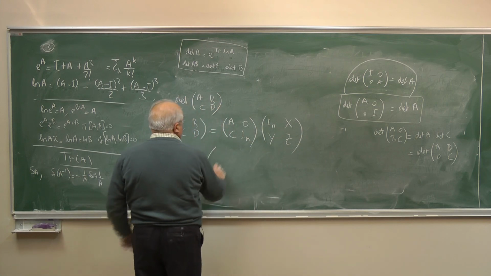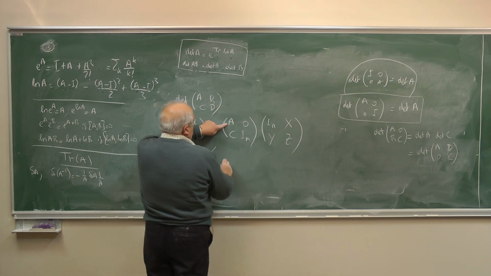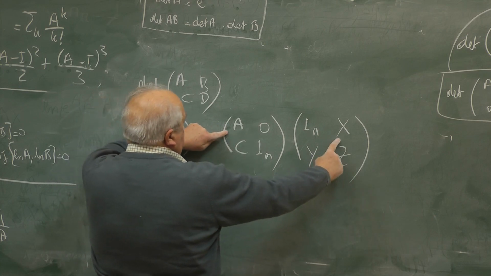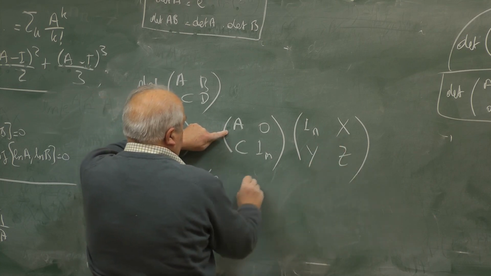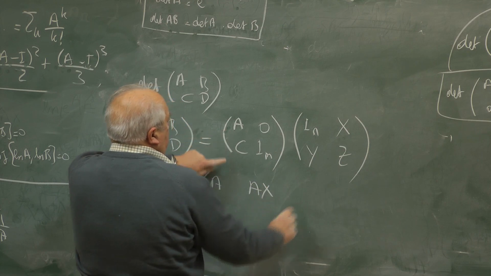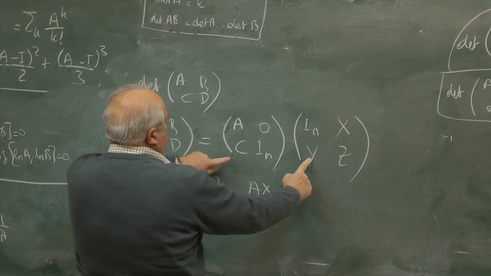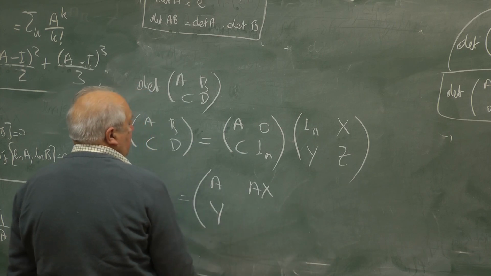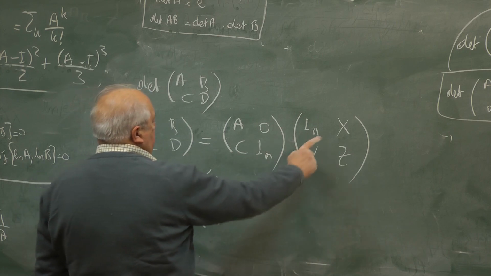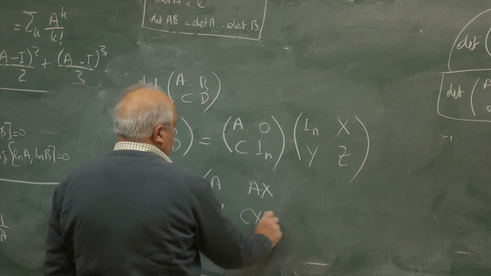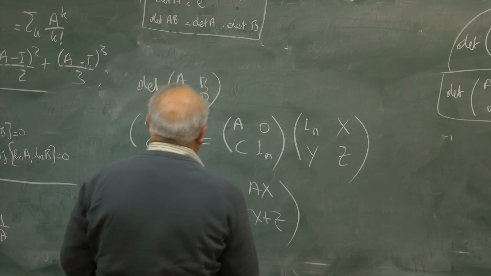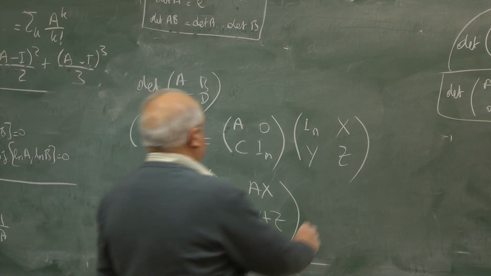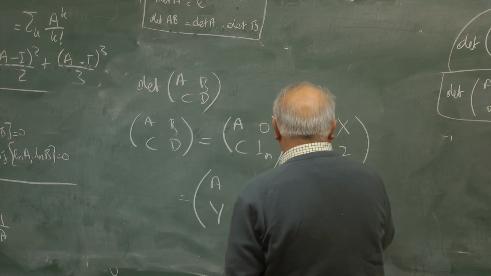That's equal to, this is A, and this is AX. This is C plus Y. This is CX plus Z. This will be equal to A, B, C, D. So let's find this.